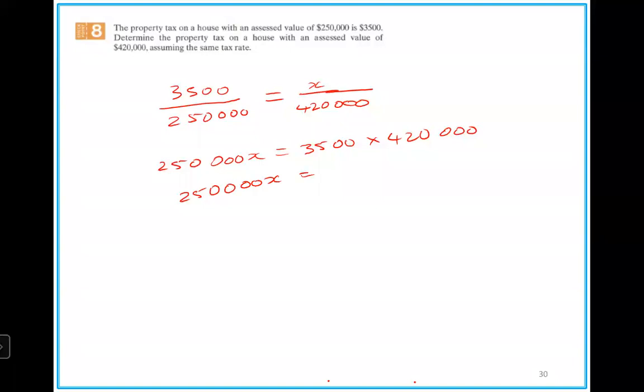When you multiply the 3,500 times the 420,000, what do you get? It looks like 1,470,000,000. So that's 1,470,000,000. How many zeros is that? That's billion.